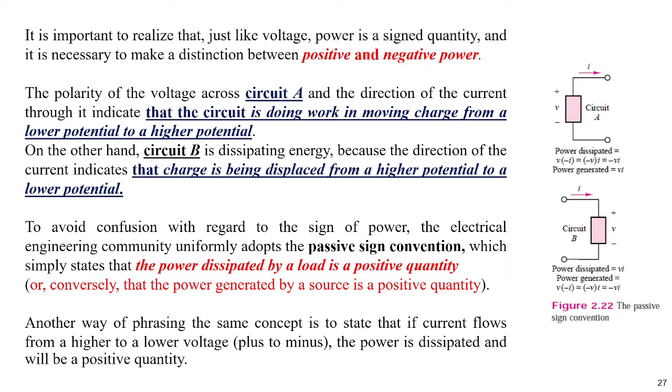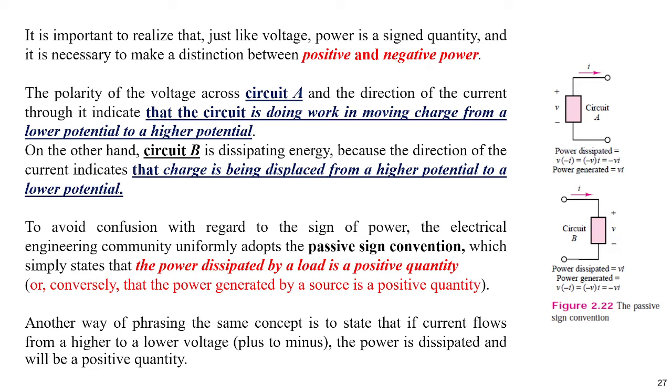So this is an active element. On the other hand, circuit B is dissipating energy, because the direction of the current indicates the charge is moving from high potential to low potential. So circuit A is an active element, circuit B is a passive element.